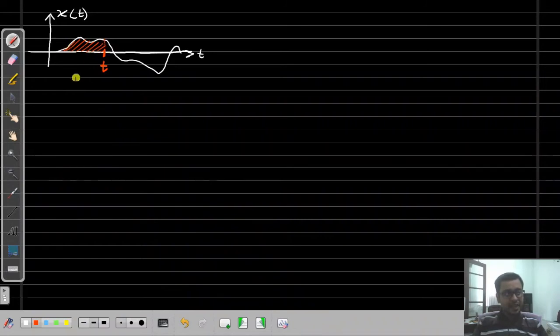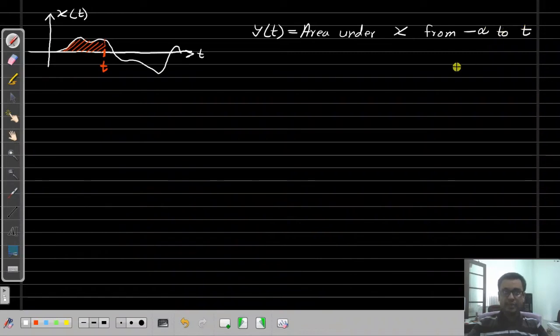Then that area, if we call that as y of t, which is the area under x from minus infinity to time t, then that you may write it this way, x integrated from minus infinity to time t.